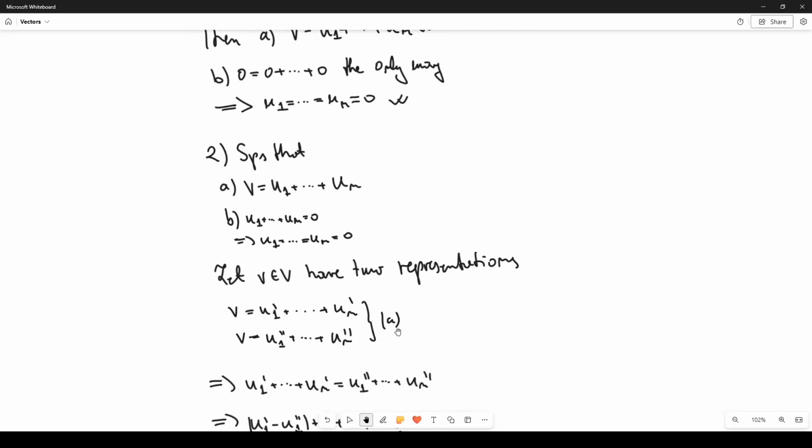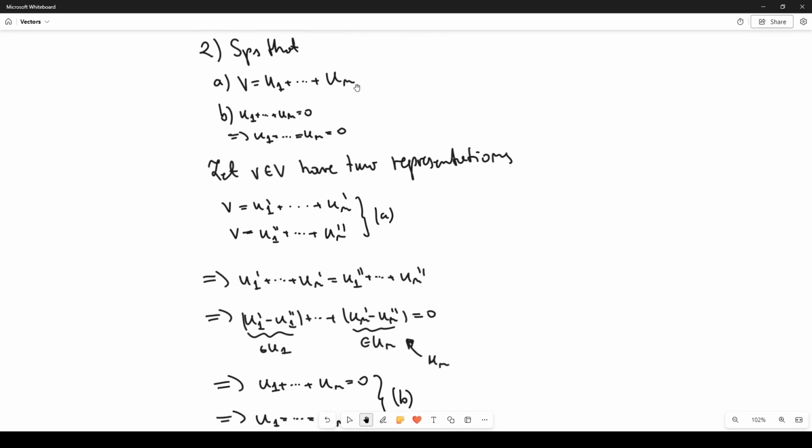Now let's go the other way. So let's suppose that our two conditions hold. So V is a sum of these subspaces, and if we try to express 0 via the corresponding vectors from our subspaces, then it follows that they have to be 0.